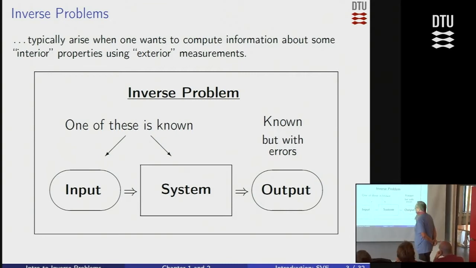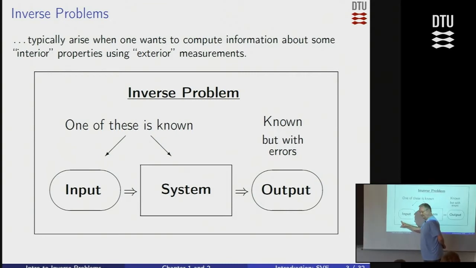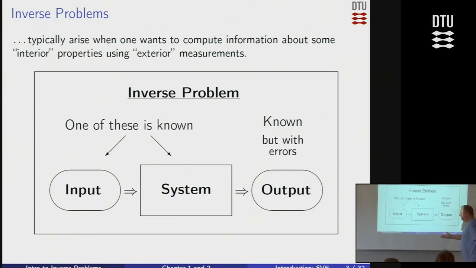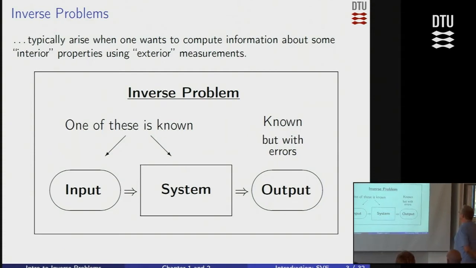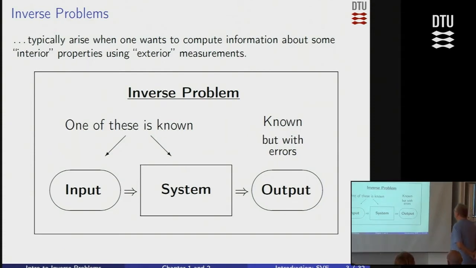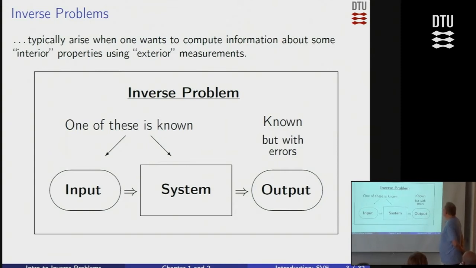And the situation is always that there's some kind of input that you generate, then that goes through a system, and you have a mathematical description of that system, and then you measure an output from that system, right? And note that I say it's known, but the thing is that there are errors. These are measurements, and you can't measure without errors, so there will be some errors in the data here.